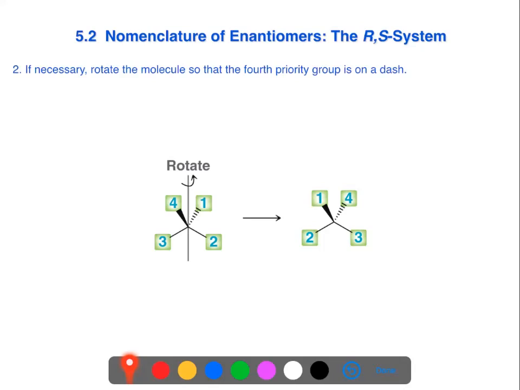So you have to imagine that what you're doing here is as you rotate this structure around this imaginary axis, you're rotating it such that this group in front is going to turn and end up in back, and the group that was in back is going to come to the front.